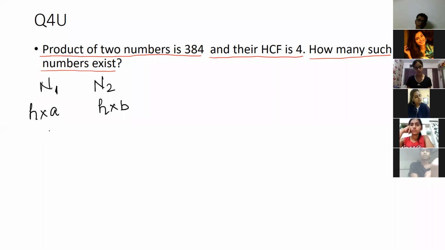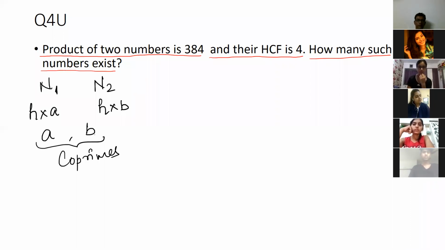And we also said that once the HCF is taken out, we are going to be left with two numbers A and B, where the basic condition of A and B is that they are co-primes. The reason why I keep repeating this word is so that it just remains in the head and we don't make silly mistakes here. And I also know that HCF is nothing but your H, and LCM is nothing but your H into the two leftover numbers.